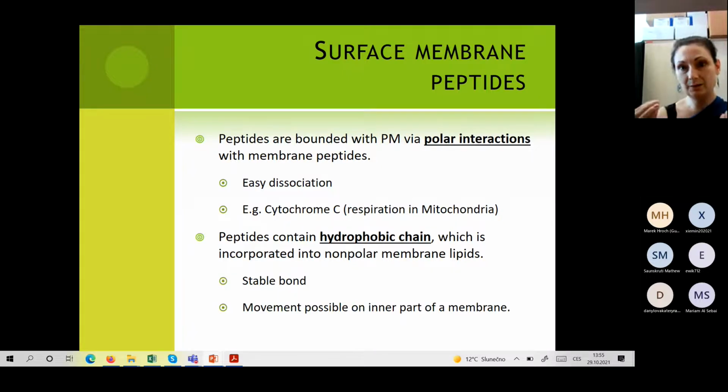So these peptides are incorporated into the plasma membrane, and therefore the bond is much more stable. The dissociation is not so easy. Usually the movement can go through the inner part of the membrane. They are like buses which go through the plasma membrane.